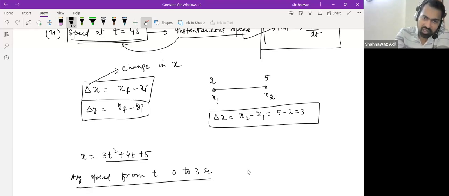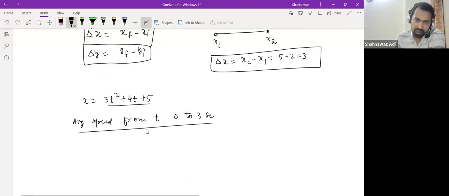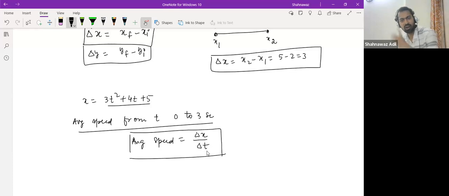Average speed would be delta x by delta t. This is how my time is changing and how my distance is changing. So average speed would be delta x by delta t.